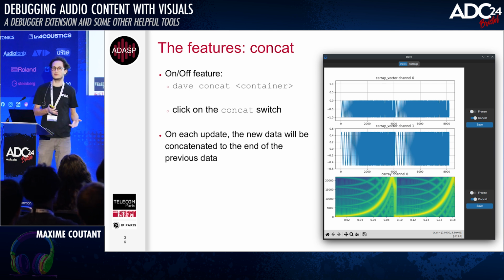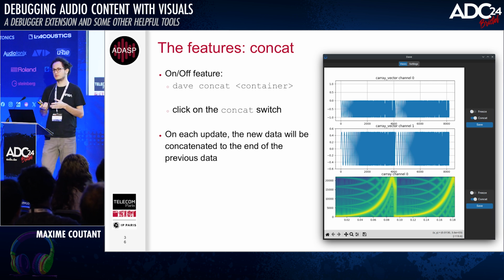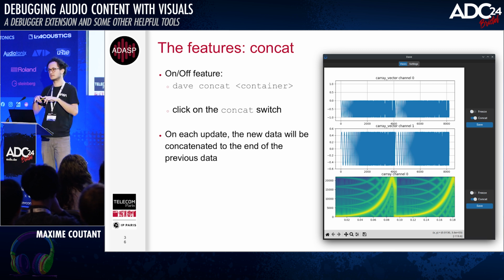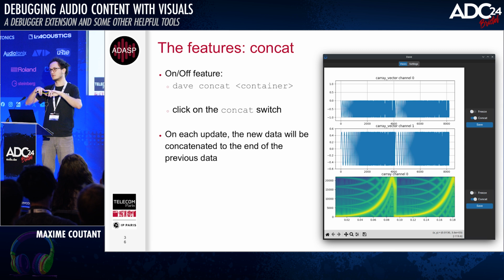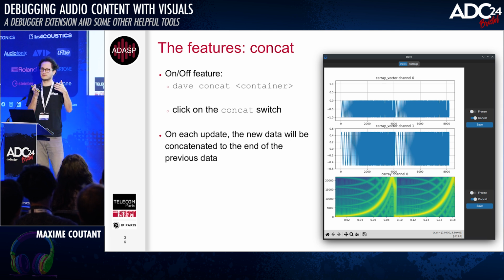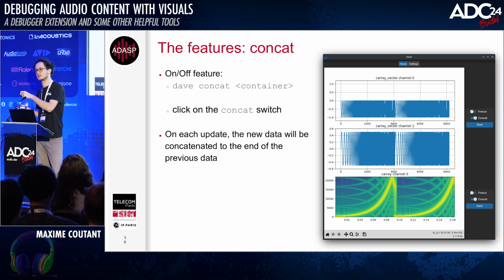When it's enabled, on each data update, rather than replacing the old data with the new data, it will concatenate the old data and the new data, and this will happen again and again. So if you iterate through time, for example, if you work with block sizes that are too small to get a meaningful spectrogram out of it, you might be interested in accumulating a few blocks and then rendering the spectrogram.